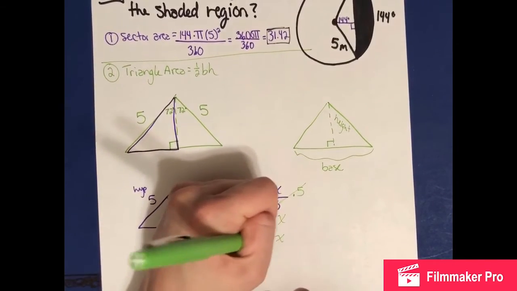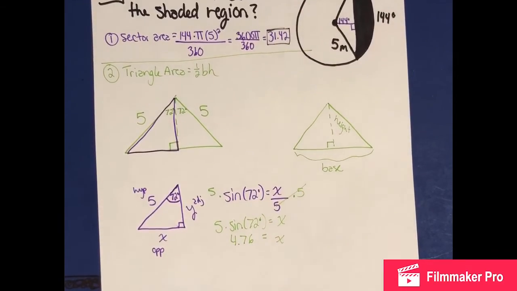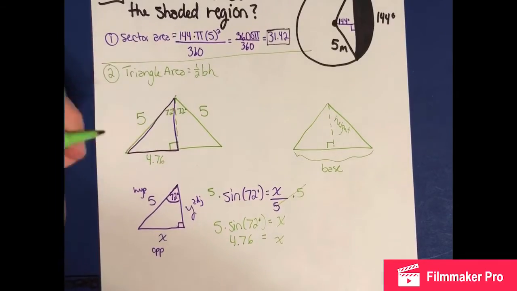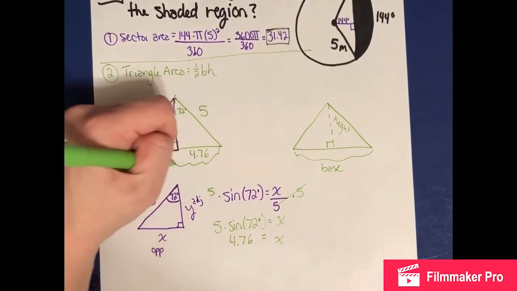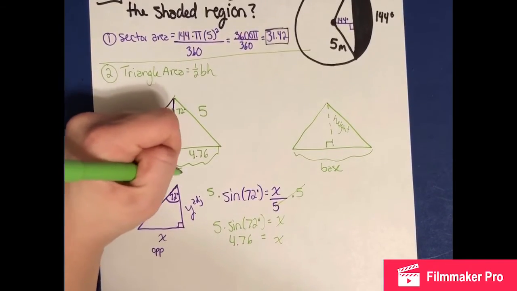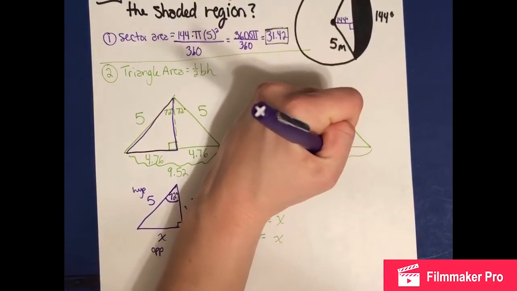I have x equals 4.76. Okay, so I'm gonna fill that in right here. This is 4.76. The whole thing there is 9.52. And I'm actually gonna throw that over here while I'm at it. 9.52.